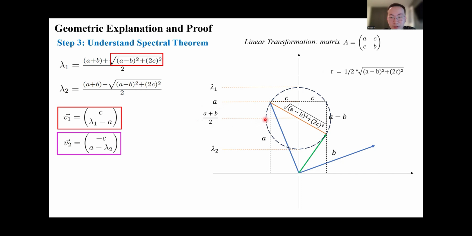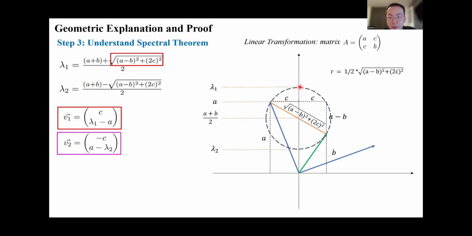Then we focus on the center of the circle. Why does it have this height? Because it is the midpoint of the orange segment, and one endpoint of this segment has height A and the other endpoint has height B. So this point has a height that is the average of A and B. This is just high school geometry.